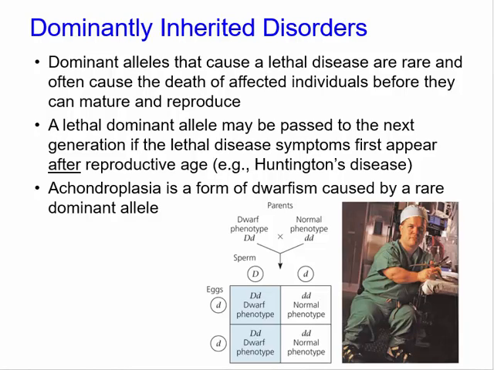But if something is a lethal dominant allele, so an example is in the case of Huntington's disease, go look it up if you're interested, that tends to appear as a disease after reproductive age. So it could have been passed to the next generation by that point. A non-lethal dominant trait is achondroplasia. So this is a form of dwarfism. It's caused by a rare dominant allele, and we can see how that can be passed from one generation to the next. If one parent has that allele, there's a 50-50 chance that the children will be affected.